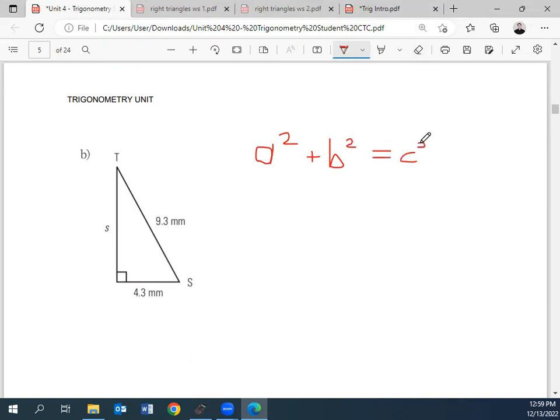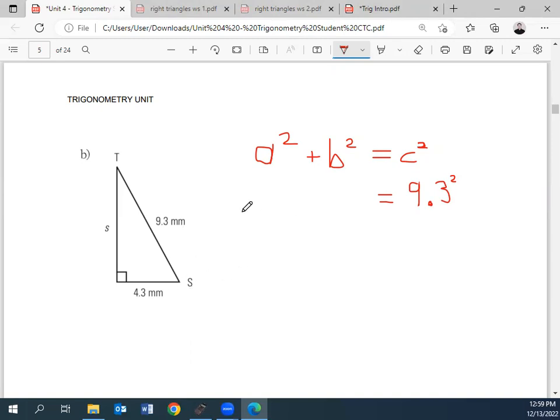Okay, so now I have my formula. Now I'm going to substitute in. What's my C in this case? It's the hypotenuse, 9.3. So this is where this is different, because this is my hypotenuse. This is my C over here. The hypotenuse always goes over there. We've never dealt with something like this before.